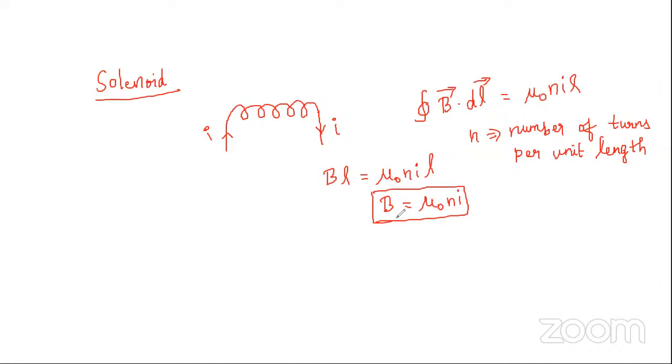The magnetic field does not depend on the radius of the cross section of the solenoid or its average diameter. It is just equal to mu naught times the current enclosed by the solenoid.